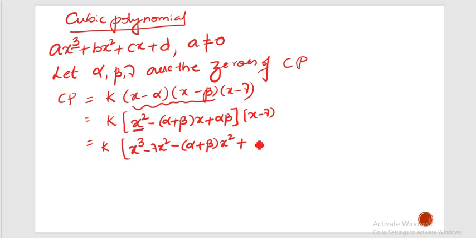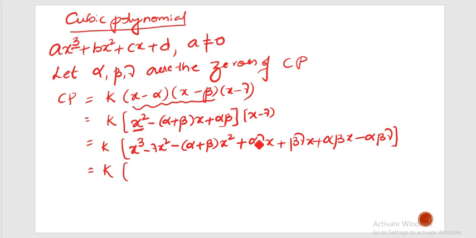So alpha gamma into x plus beta gamma into x. Next I need to multiply with alpha beta. Then I get alpha beta into x minus alpha beta into gamma. So this is what we get when we multiply.